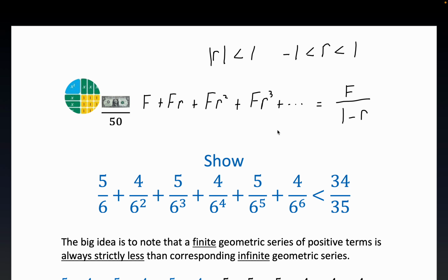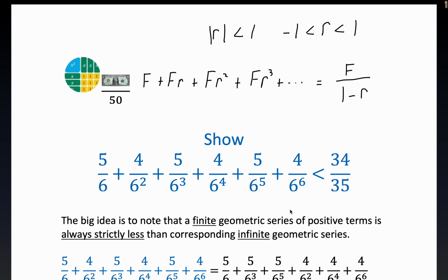Now, we want to establish that this left-hand side is less than 34 over 35. I'm not going to try to prove this, but the big idea is to note that the finite geometric series of positive terms is always strictly less than the corresponding infinite geometric series. If all the terms are positive and you have a finite number of them, that sum is going to be less than the infinite sum, of course.